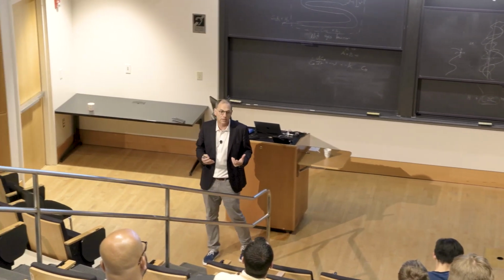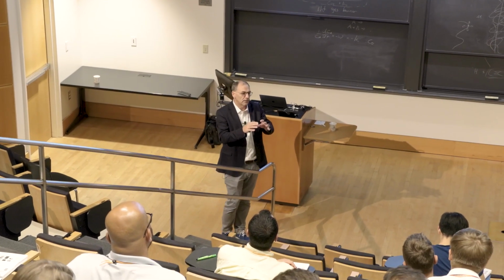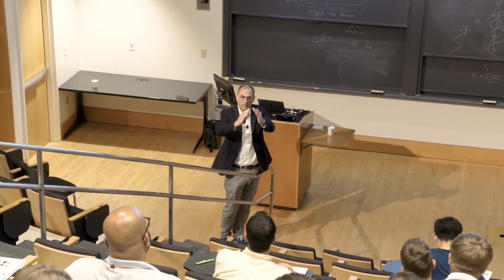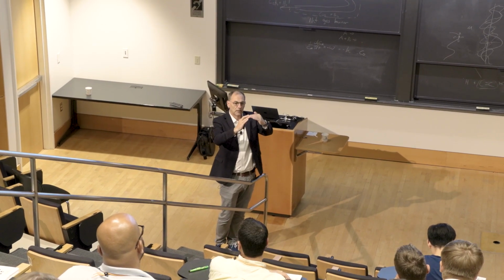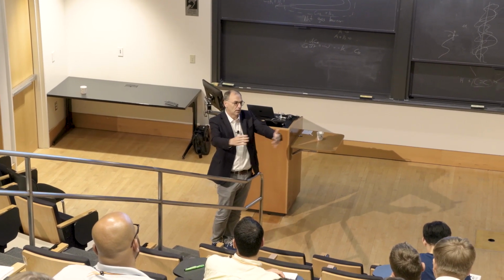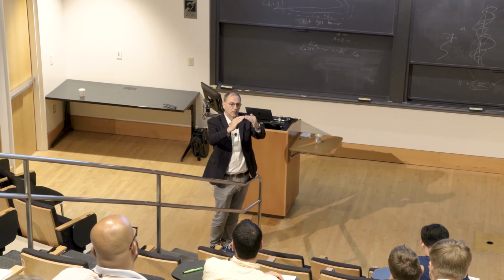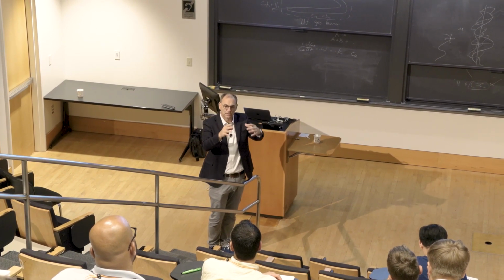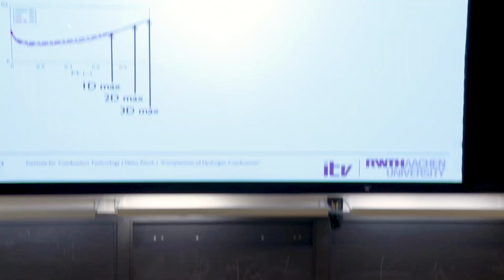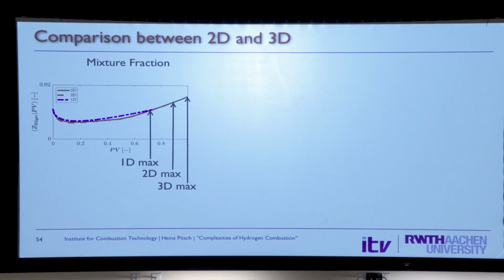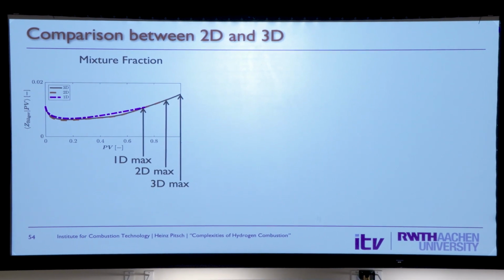Why? Because curvature in 3D is always higher than in 2D. If I have a curvature in 2D, it's like a barrel, like a cylinder, right? But in 3D, it's more like a sphere. So 3D has higher curvature than 2D, even if a slice of it is the same. So that's why you get more of this.